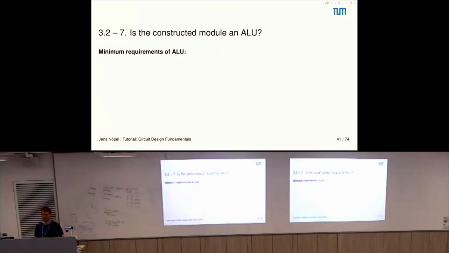unit or not. All right, so maybe the first thing we should think of before saying it is an ALU or it is not is, what are the requirements to be an ALU? So what do you think? What operations do you need to be called an ALU? What is the minimal set of operations?